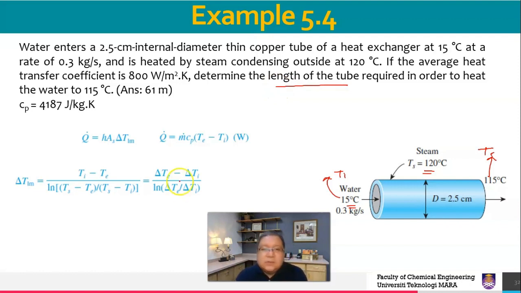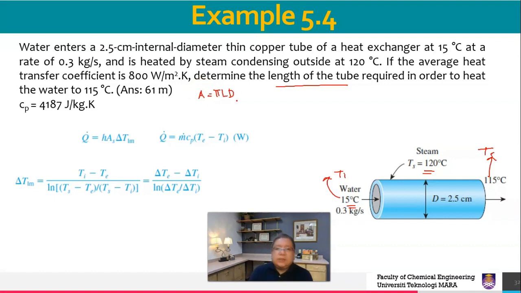Once you know the length of the tube, you will know the area of the tube. Since they give Te, Ts and Ti, you can always use these values. So Cp is assumed as 4187. This one is the diameter, so the value of A is pi LD.